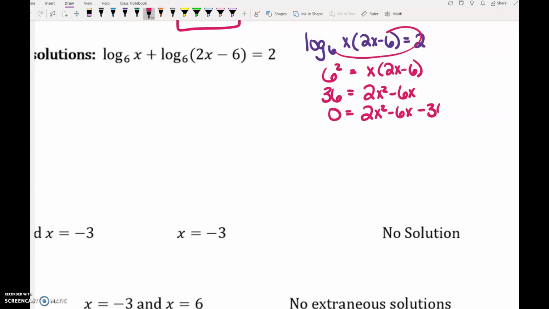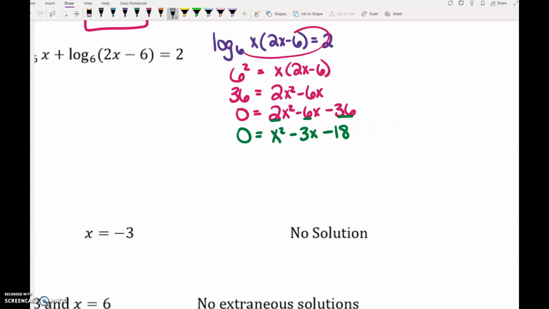At this point, some of you might be thinking, what the heck, Mrs. Gilmore? There's a 2 in front of the x squared. You said these were going to be easy to factor. But if you notice, the 2, the 6, and the 36 are all even, so divide everything by 2. So we'll have x squared minus 3x minus 18, and that one should be easier to factor.